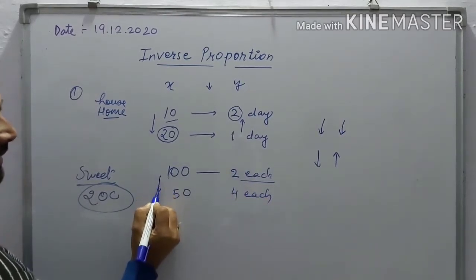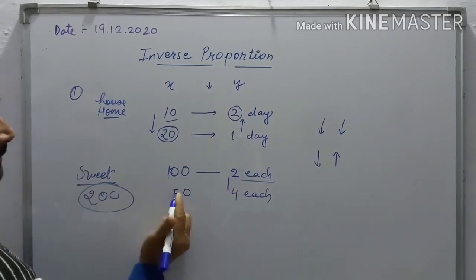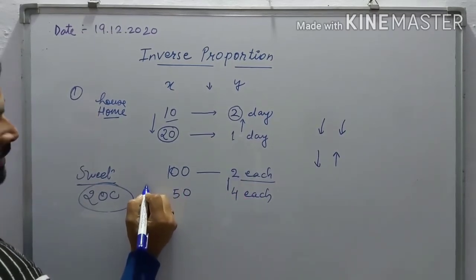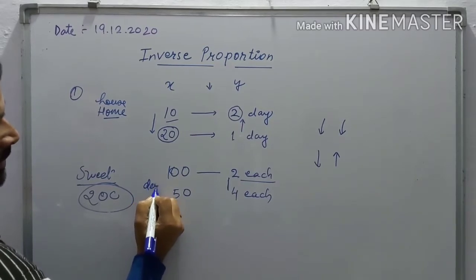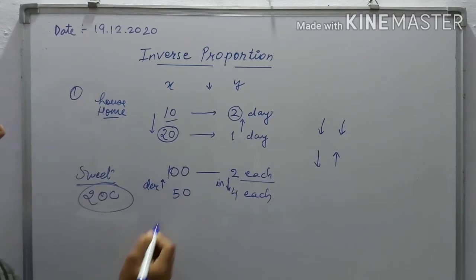It means one quantity is a decrease and the other quantity is an increase. So this type of relation is called inverse proportion.